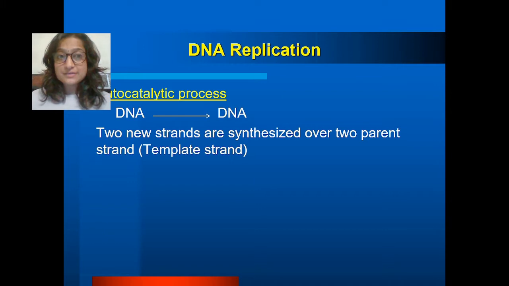As the term indicates, autocatalytic means that your DNA has the ability to make a copy of itself, whereby the two new strands of DNA are synthesized over the parent strand, which is also known as the template strand. This we are all familiar with, the semi-conservative mode of DNA replication. Out of the two strands of DNA, one strand acts as a template strand, complementary to which the daughter strand is synthesized, and thus the process is autocatalytic.